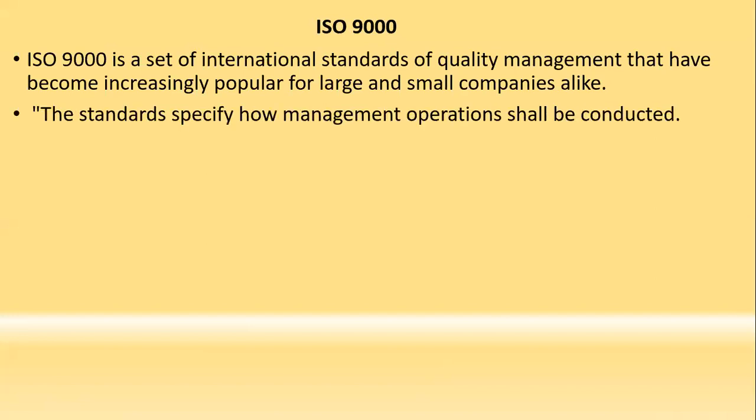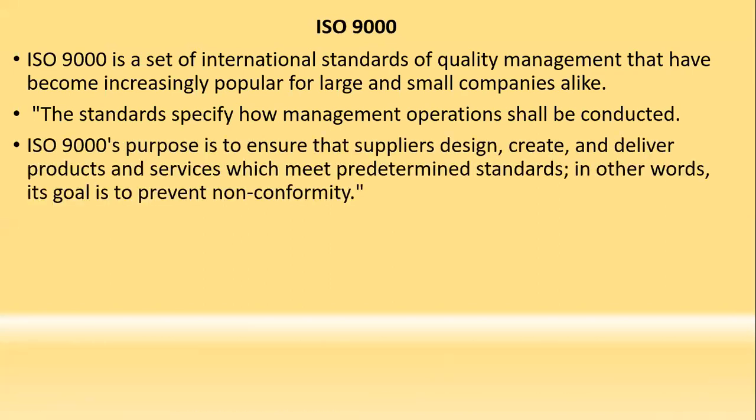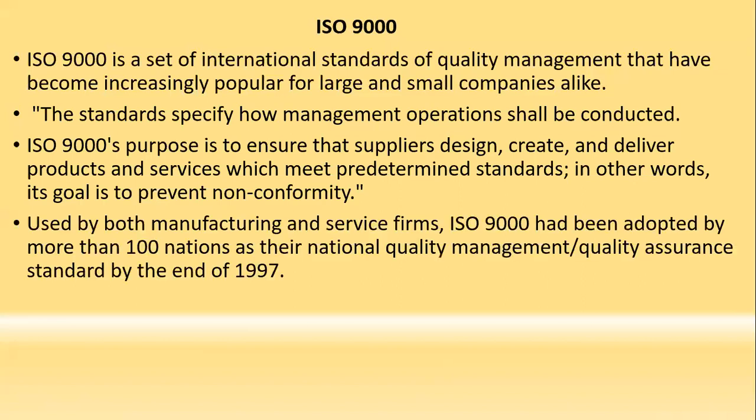The standards specify how management operations shall be conducted. ISO 9000's purpose is to ensure that suppliers design, create, and deliver products and services which meet predetermined standards. In other words, its goal is to prevent non-conformity. Okay? It is used both by the manufacturing sector and also service sectors.